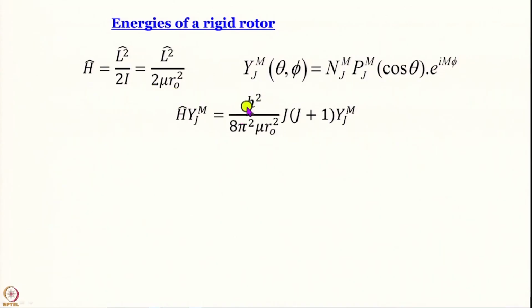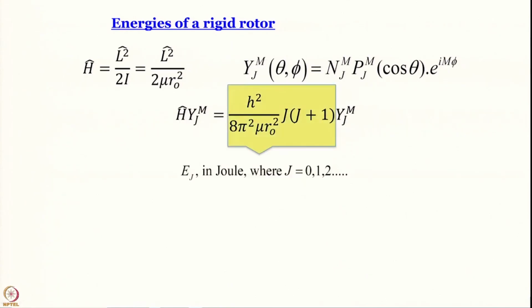That gives us h square by 8 pi square mu r0 square, a constant, multiplied by j into j plus 1 multiplied by the wave function. That is your Schrodinger equation. This is the eigenvalue of energy in joule, where j is equal to 0, 1, 2, 3, and so forth, as I had said.